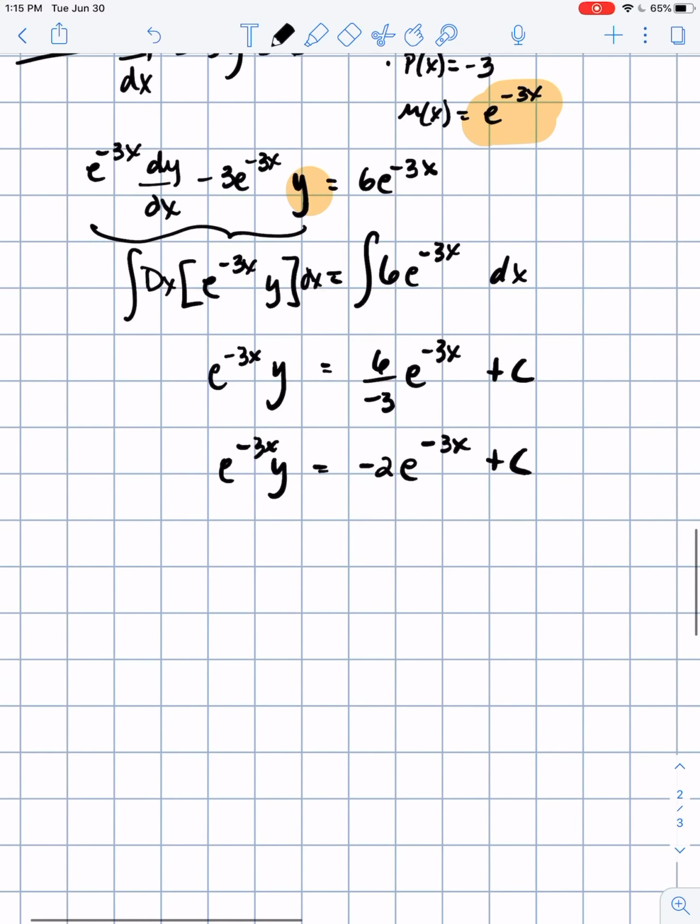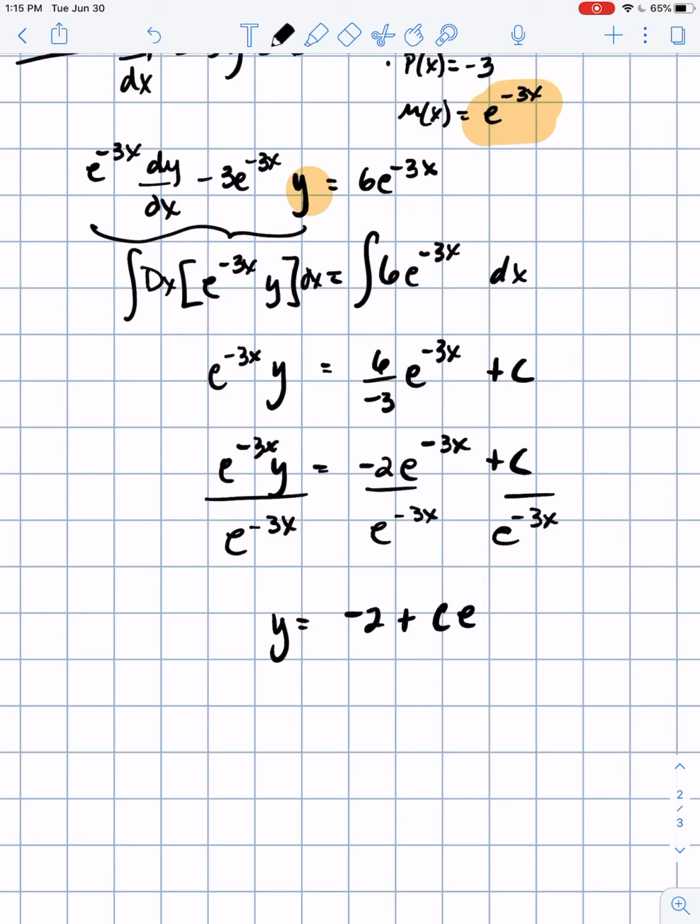Then I'm dividing everything by e to the negative 3x, giving me negative 2 plus c e to the positive 3x.